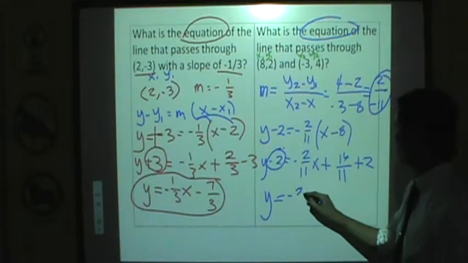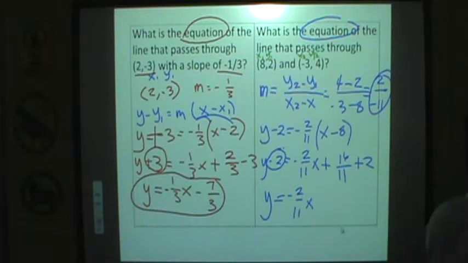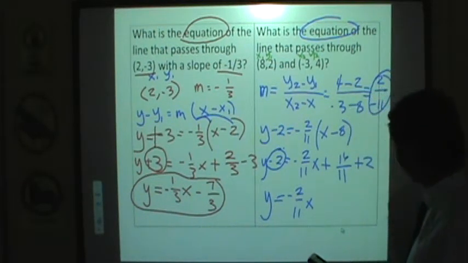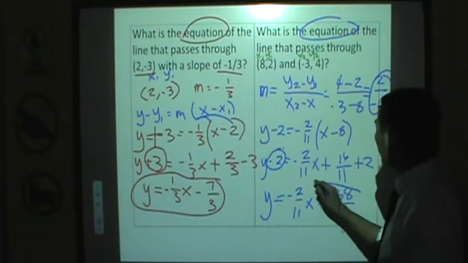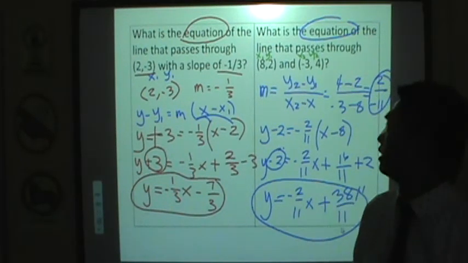And I have negative 2 over 11 x plus 16 over 11 plus 2. 16 divided by 11, I believe it's 38 over 11, and then plus 2. I hope I'm right. Yes, I got it. So we get 38 over 11, and this is now your final answer now that your y is alone.